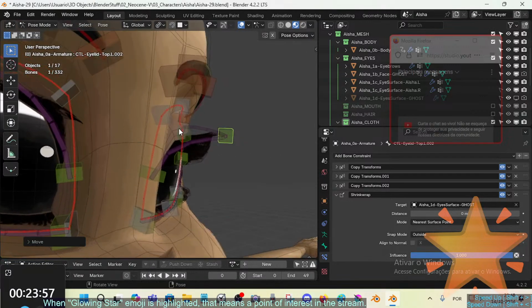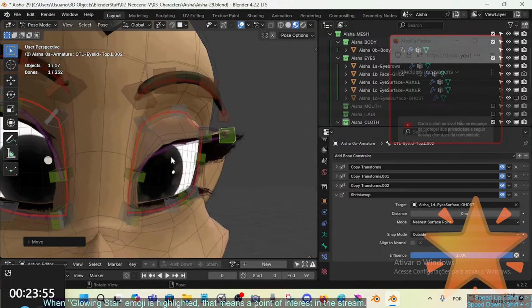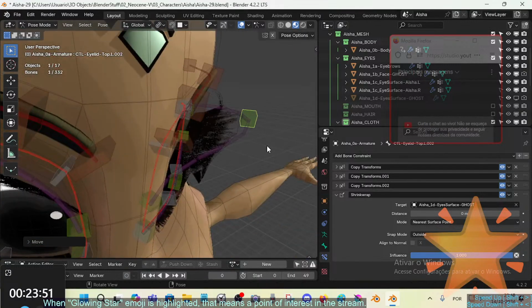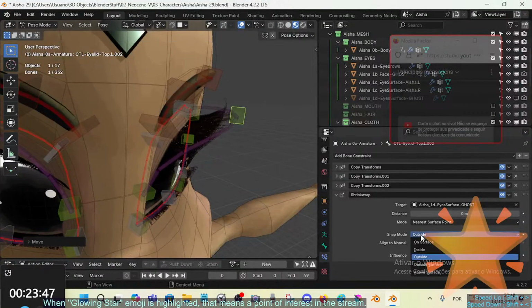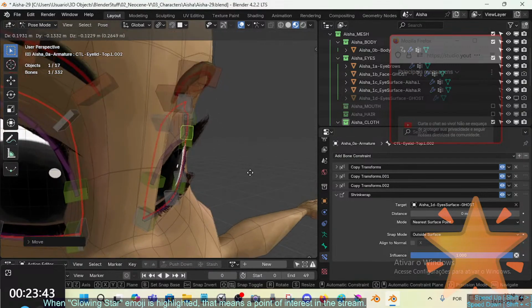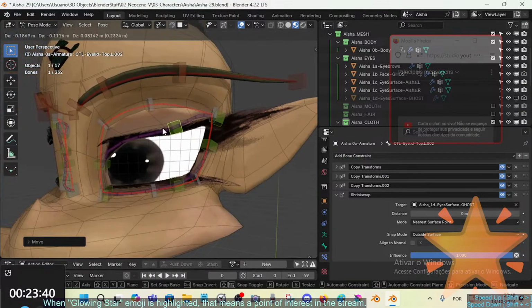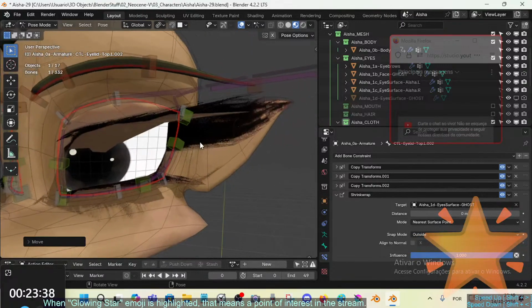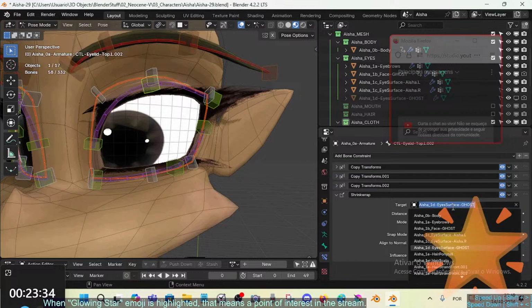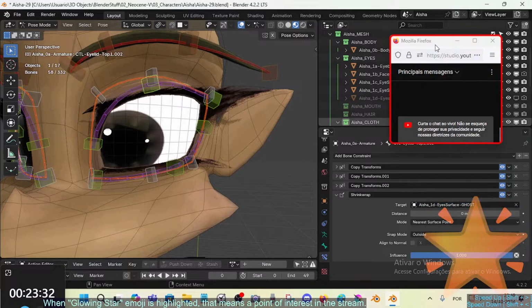But the eyelids keep shrink wrapped to the eye surface, which is right. This control here can be used for the eyelash, so this is kind of cool. But if we don't want that at all, we can just use the outside surface and then it just sticks totally, but I prefer outside here.